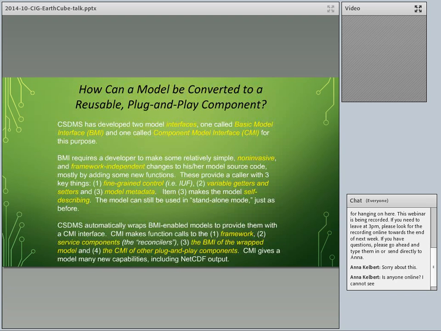This is a little bit involved, but the basic idea is that the BMI is designed to be a non-invasive part of your numerical model. It's actually a few subroutines in your numerical model that you need to write, but they're non-invasive and relatively simple.